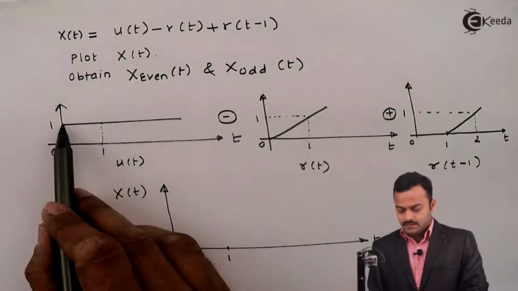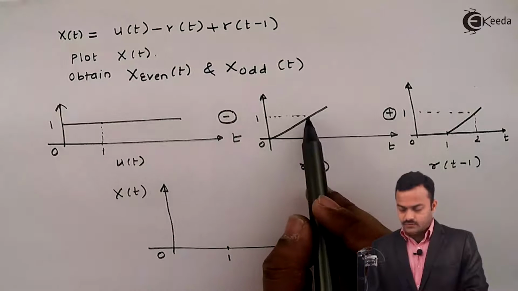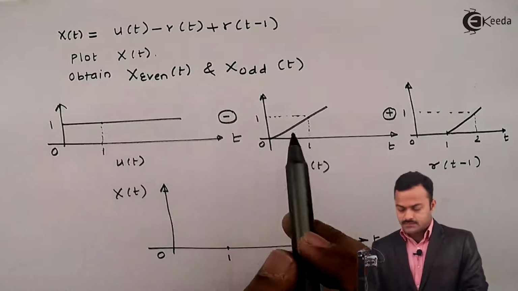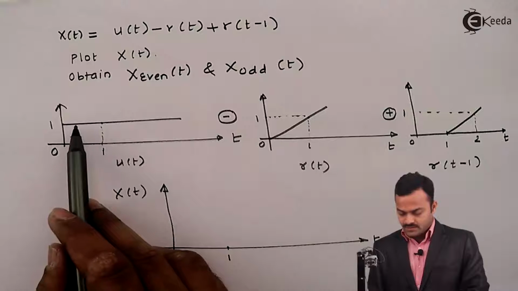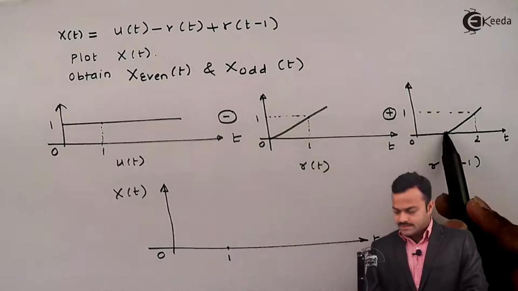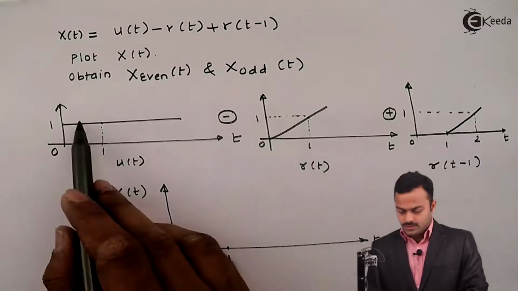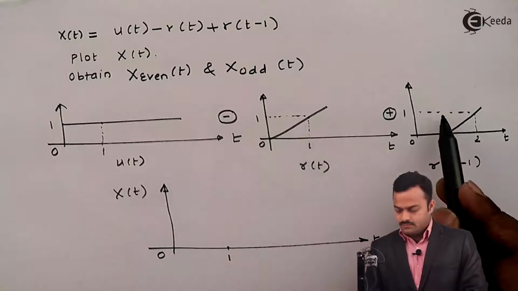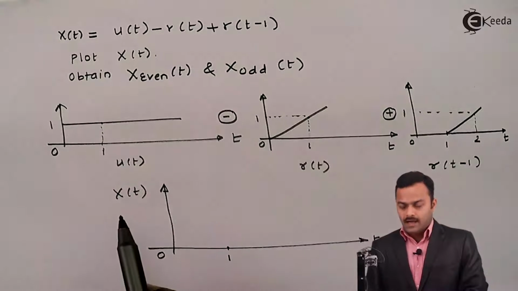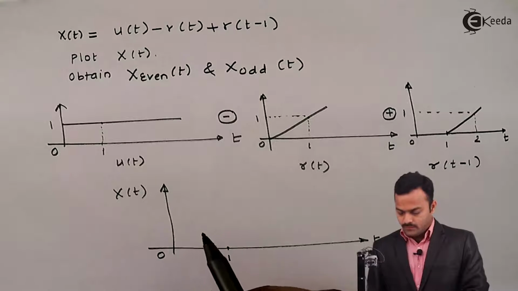The slope of this line is 0 because it's flat, whereas the slope of this line is 1. So if I add the slopes, 0 plus 1, and over here nothing is there, so the value is 0 and the slope is also 0. So 0 slope, 1 slope, 0 slope, if I add, I get slope 1.